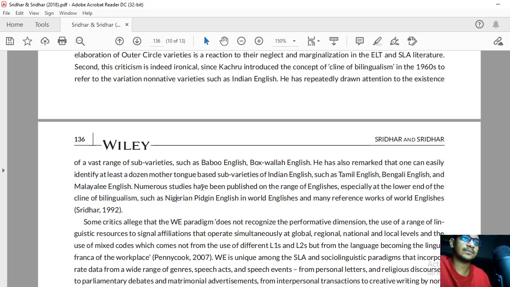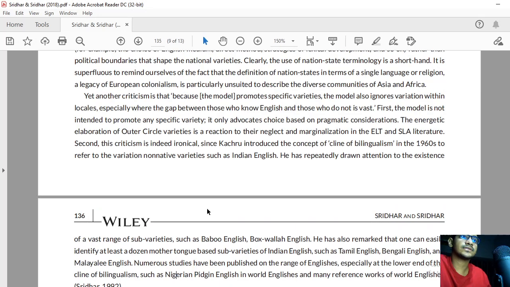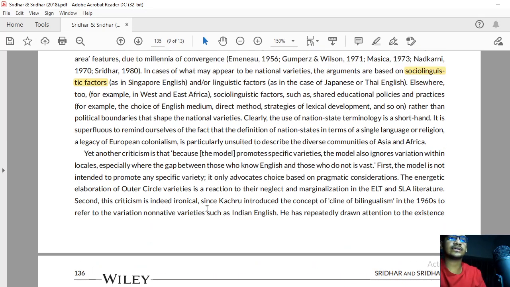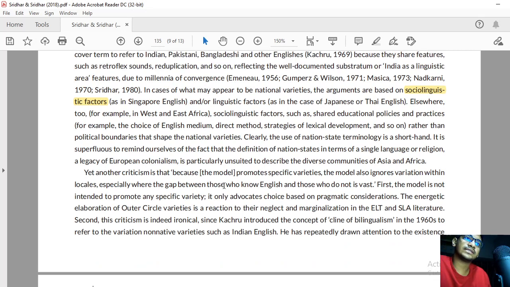Numerous studies have been published on the range of Englishes, especially at the lower end of the decline of bilingualism, such as Nigerian Pidgin English, in World Englishes and many reference works.